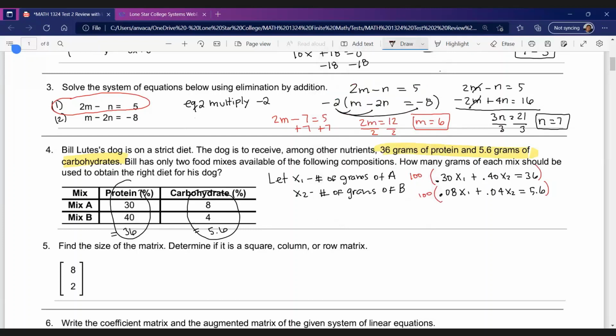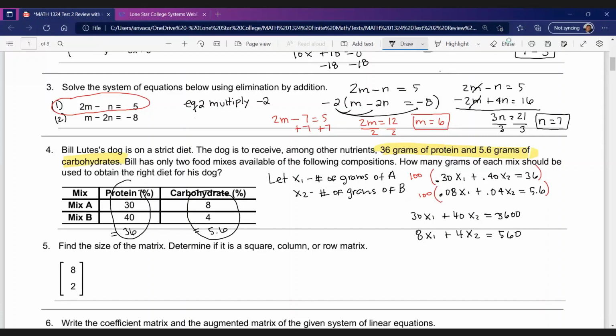We now have 30 x1 plus 40 x2 is equal to 3600. And here we have 8 times x1 plus 4 times x2 is equal to 560.